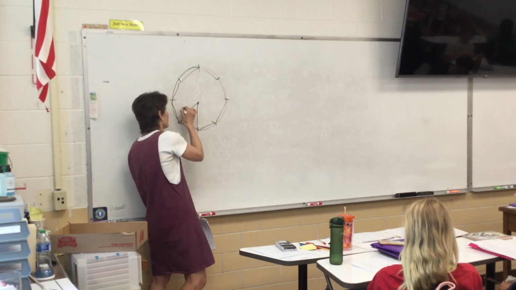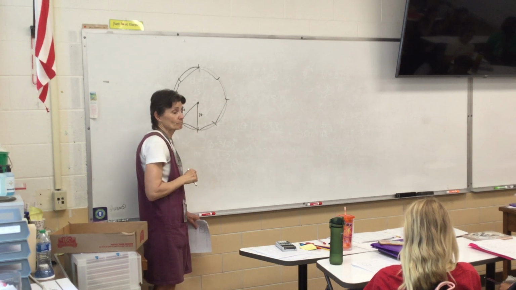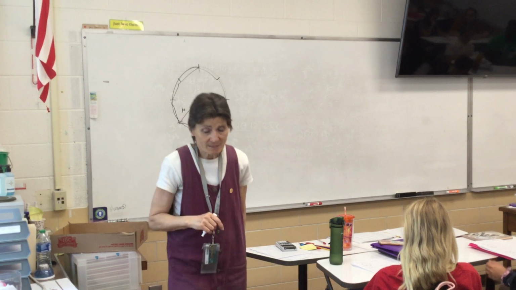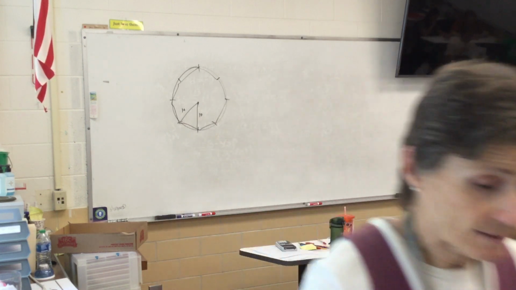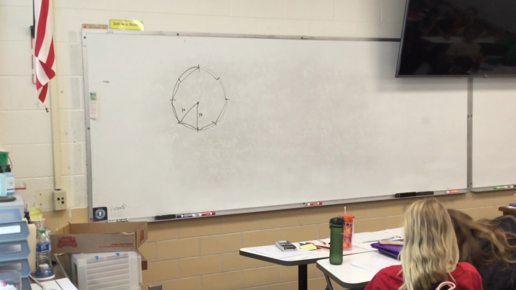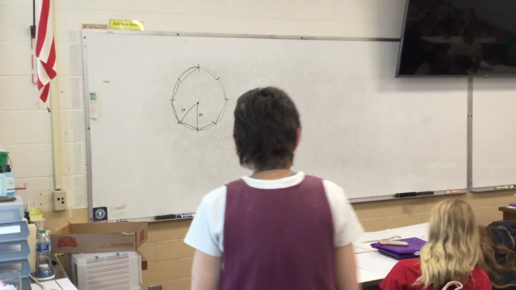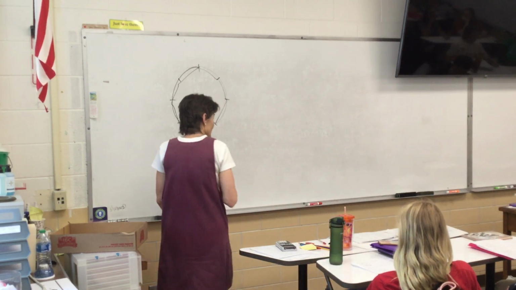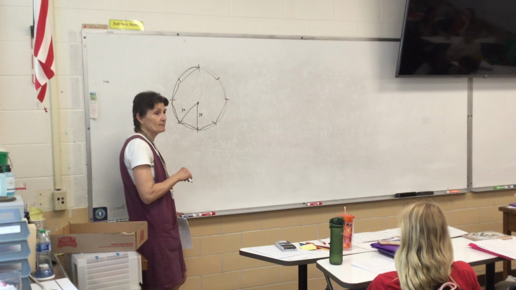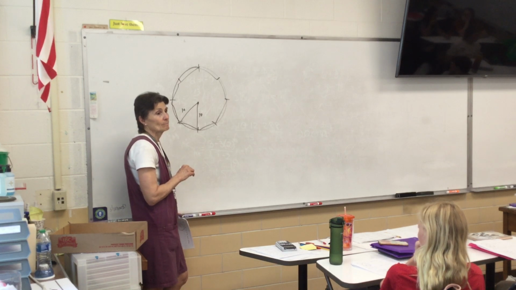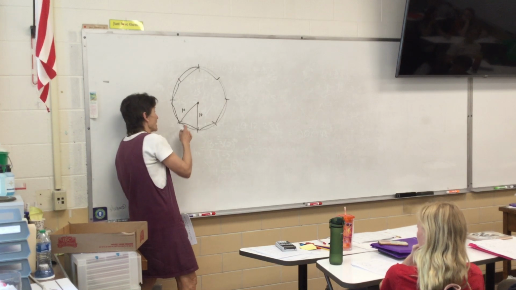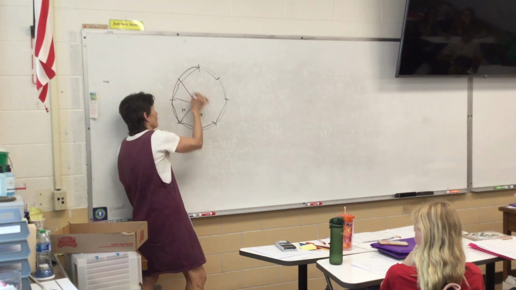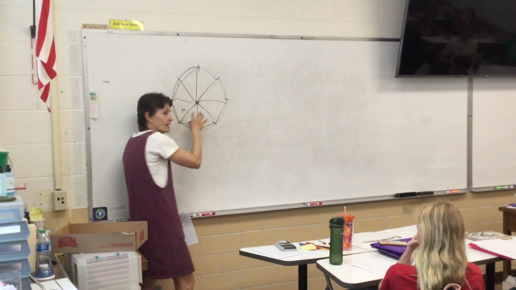Here we go. So we know the radius is 10. Our job is to find the area of that thing. Well, does anybody remember how we did that back when we did this? That's back in chapter 5. Colin? So you find the area of each triangle and multiply by 8. Exactly. So if you do in all these, you'd have 8 of these triangles, right?